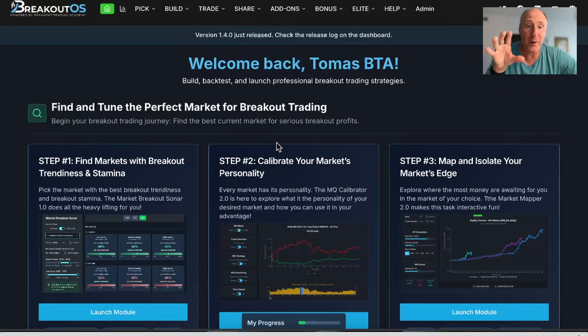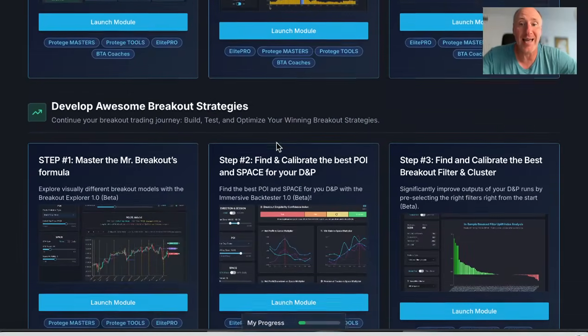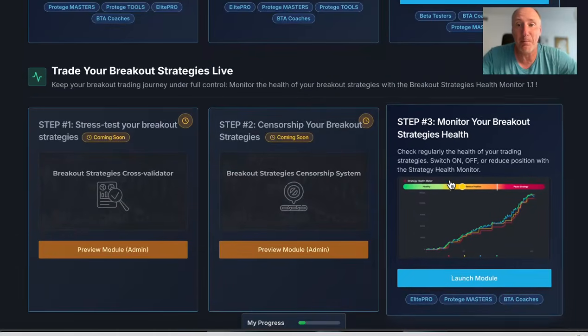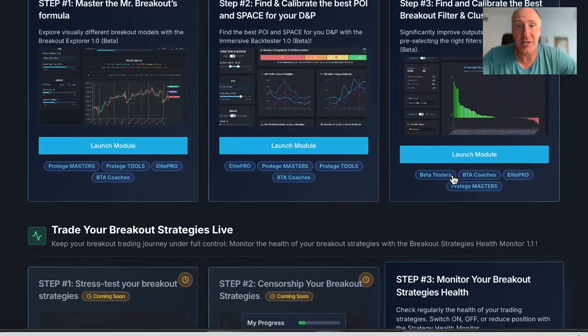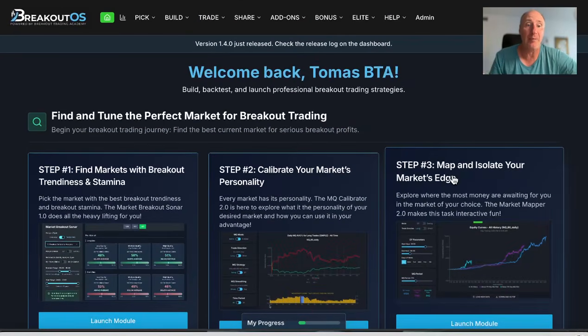It builds breakout trading strategies like nothing else in the world. It does it really, really well. It pinpoints every detail, and then it even monitors your strategies in live trading. It's filled with proprietary hedge fund level formulas and algorithms. It's very, very targeted towards breakout trading specialization.